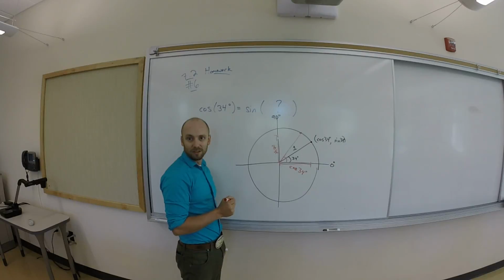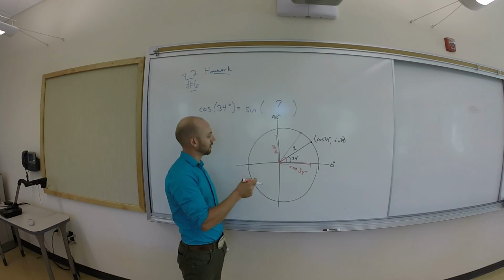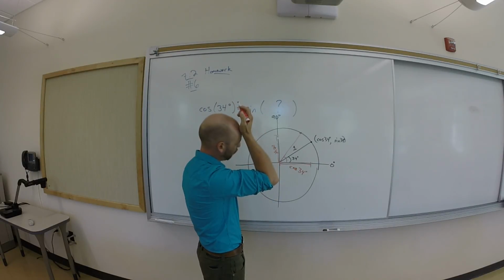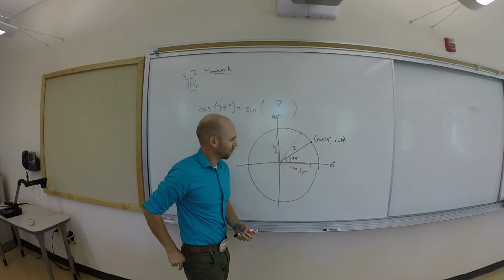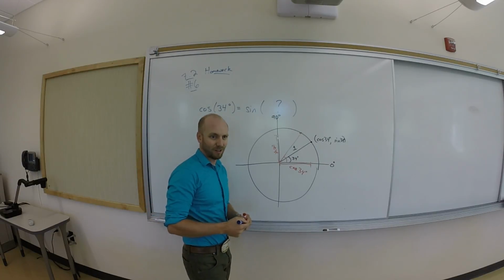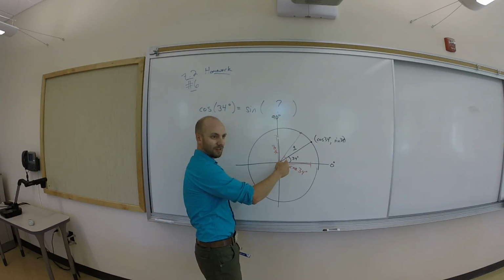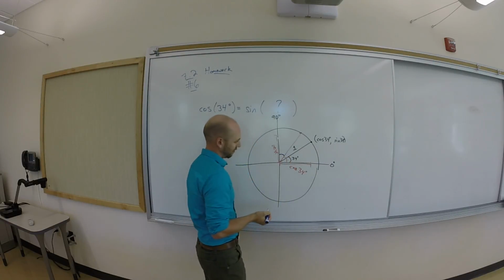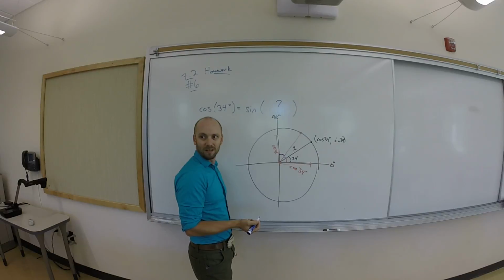You guys see that? So that's how far I should go off the x-axis until I hit this thing. Something weird's happening, right? I want to know this angle. What do I know about this angle? Should be 34 degrees. You guys see why?